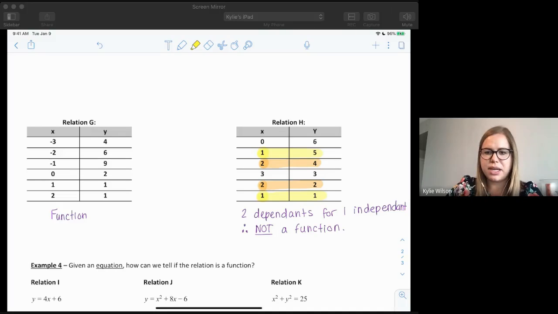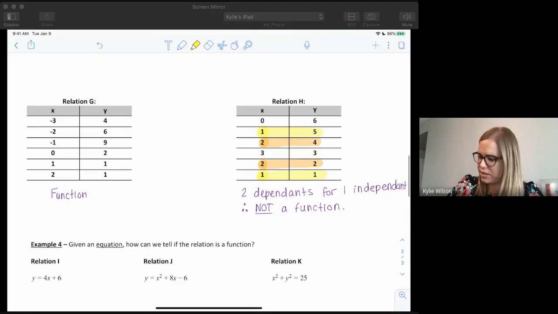Okay, awesome. Okay, so what if the x and y values are the same? Like in H, we have 3 and 3. Oh, that is okay. They can be the same as each other. That is fine. We just can't have two matching x's. See here, I have the highlighter still on, how we have 1 and 1 here.